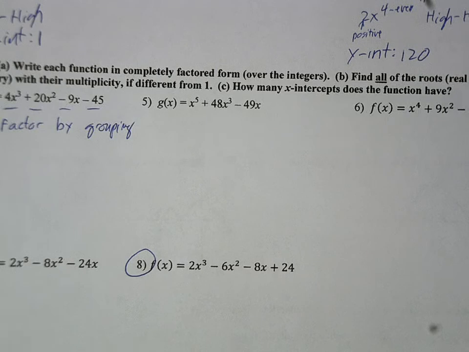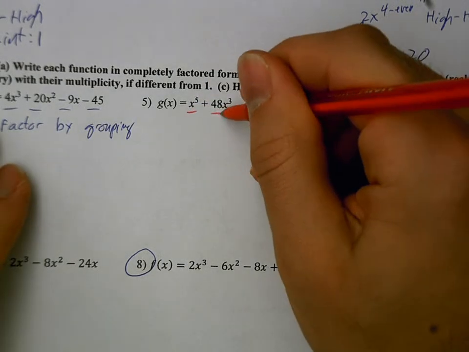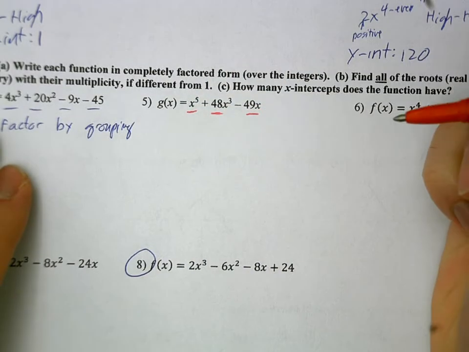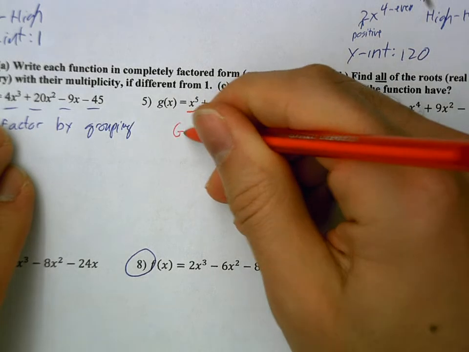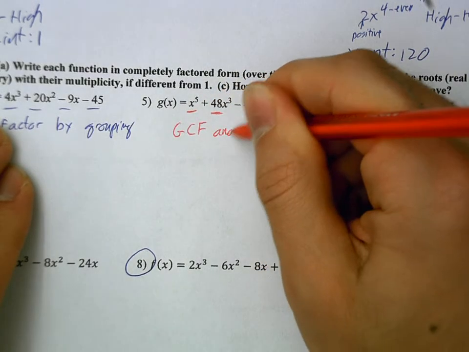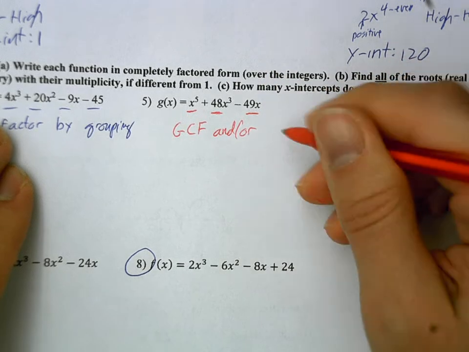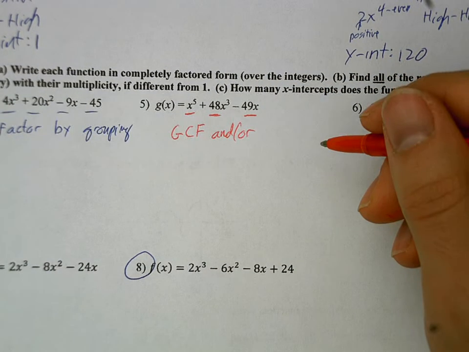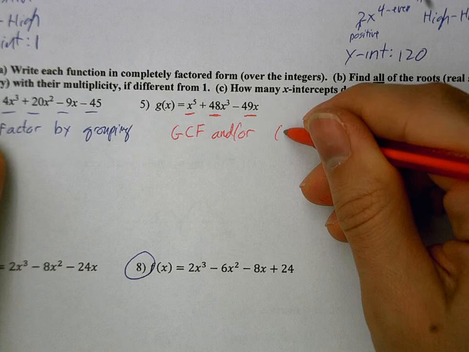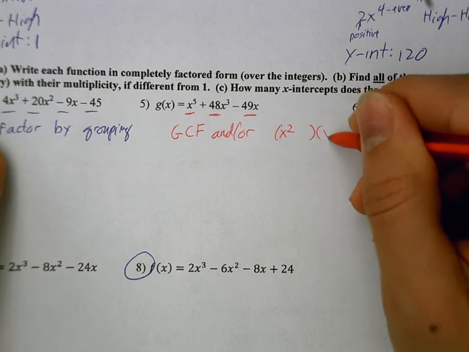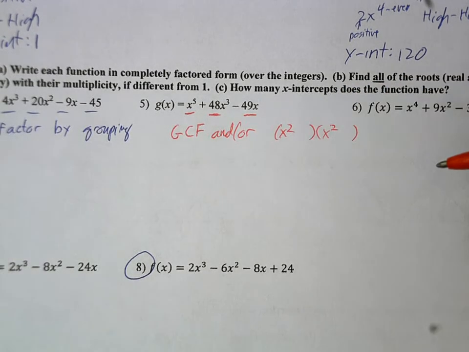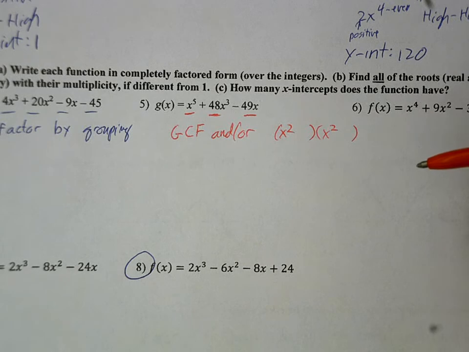If there are 3 terms, then you're probably going to do either GCF and or that polynomial format of x squared and something and x squared and something. Kind of like x and x factoring like normal, but with x squareds.